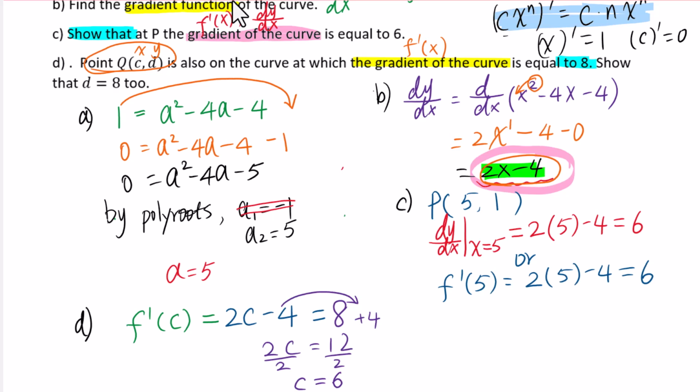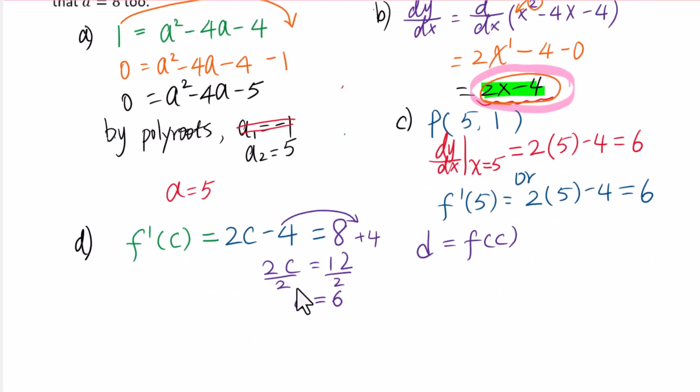Show that d equals 8. d equals f of c. For any coordinate, for example, we have (x, y), we will write down f of x equals y, or y equals f of x.